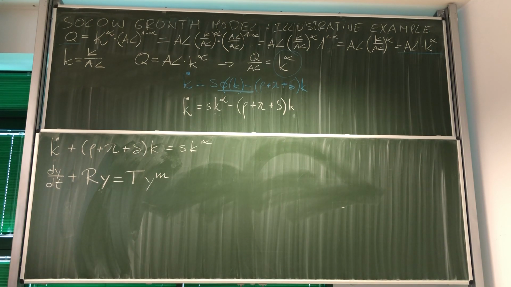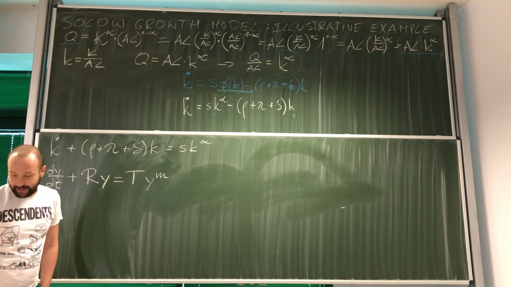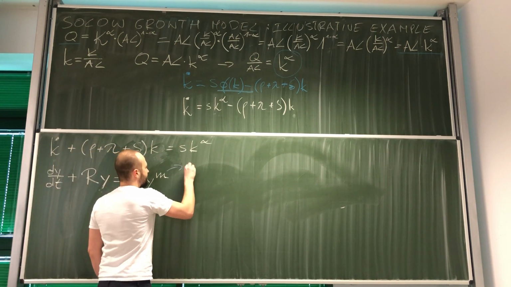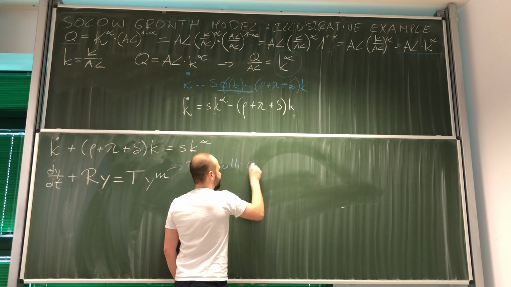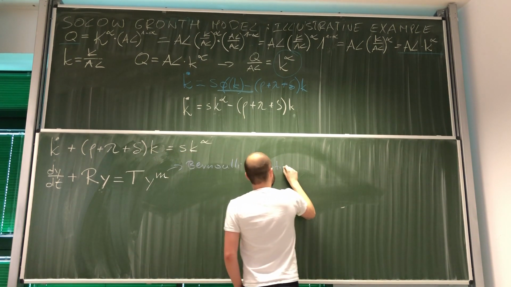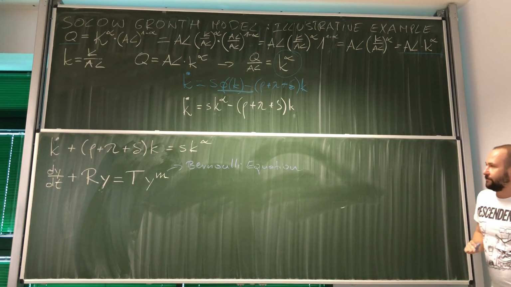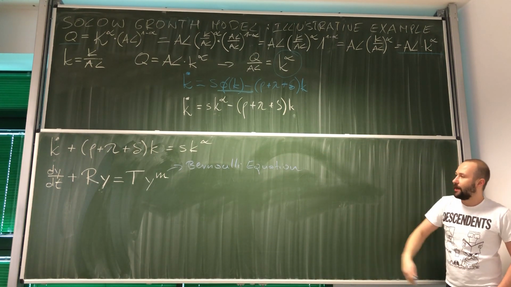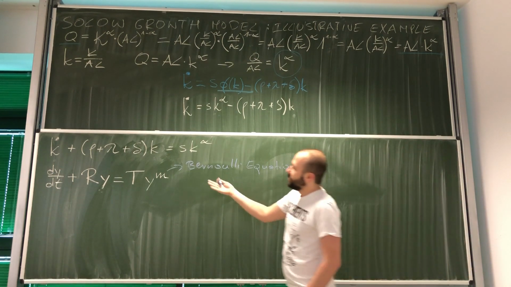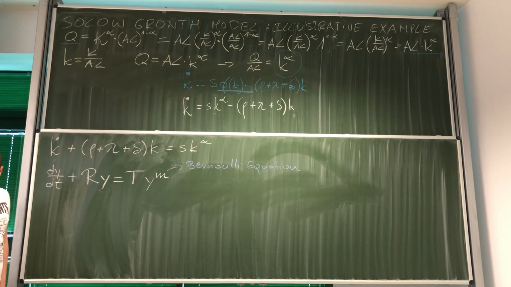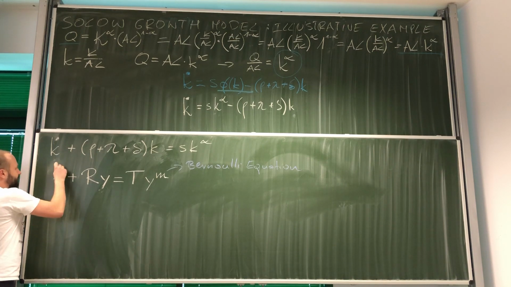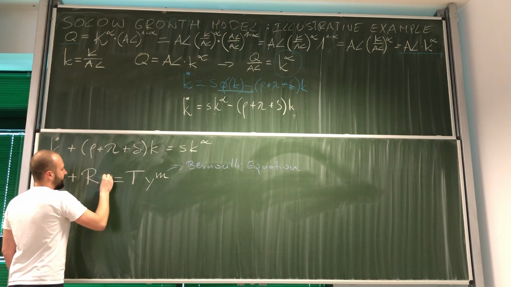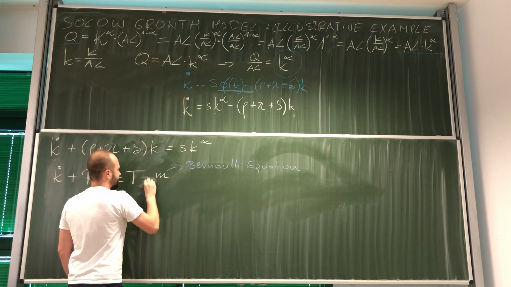So what we see here is again a case of the Bernoulli equation. The good thing about the Bernoulli equation is that we know very well how to solve it. The only difference is that here instead of dy/dt we have dk/dt, and y needs to be replaced with k.